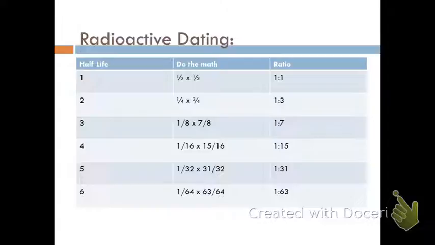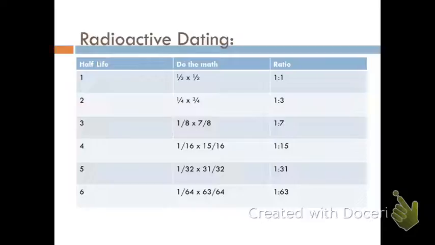So if you do the math, when you've got half radioactive element, half stable element, that tells me one half-life has passed, and I got a 1-to-1 ratio of radioactive to stable. When 2 half-lives have passed, so another time period has passed, I've now got 1/4 that's radioactive and 3/4 that is stable.